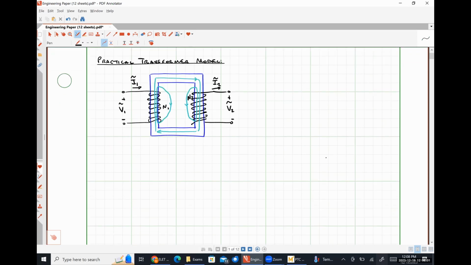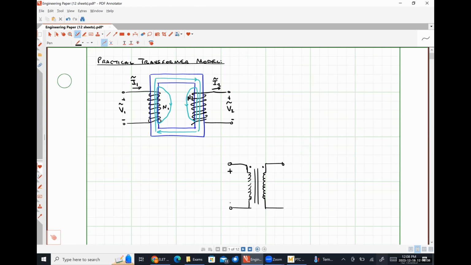All right, so we are going to construct a model. And so I'm going to start with an ideal transformer kind of here in the middle. And this is going to be our induced voltage, E1.